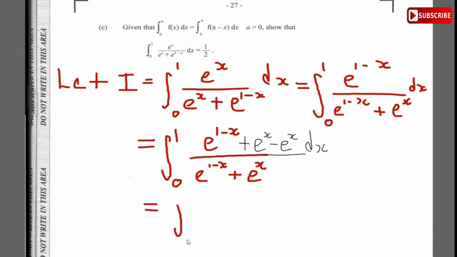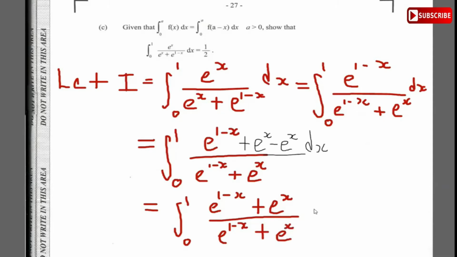Nice little idea. Then we can separate it as the integral from 0 to 1 of e to the 1 minus x plus e to the x over e to the 1 minus x plus e to the x. But then you have to say, but sir, hold on there. That not cancel each other? Yes, it does. It cancels each other. So this part is fine.